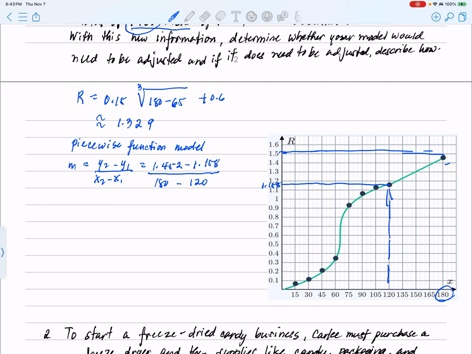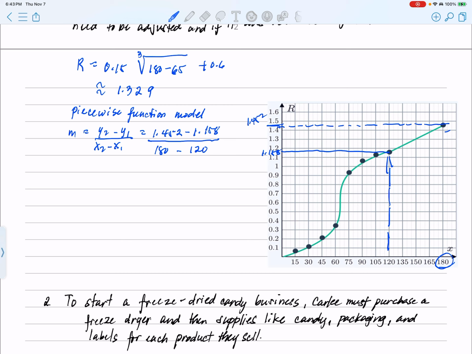This is somewhere here. So computing, you have 0.0049 after evaluating.